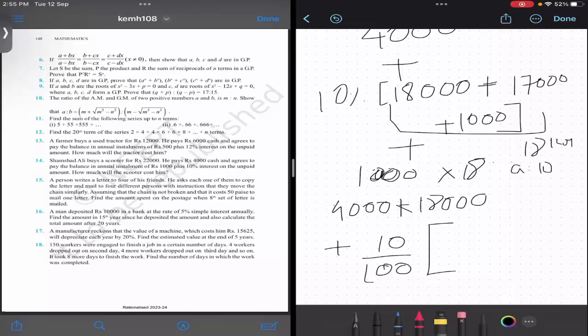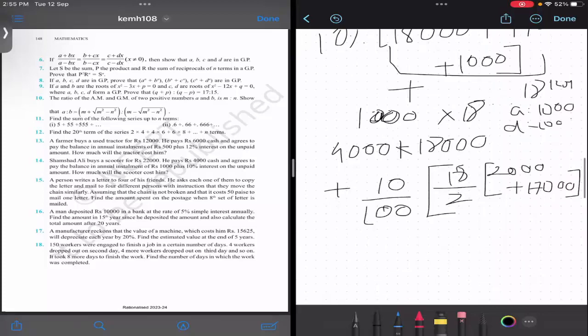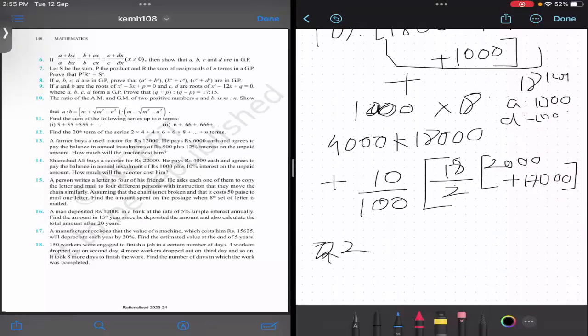A would be 1,000 and D would also be 1,000, right? So it would be 18 upon 2 into 2A. 2A would be 2,000 plus 17,000, right? And when you calculate this entire thing, it is going to be 22,000 plus n upon 100, and this amount is going to be 171,000.